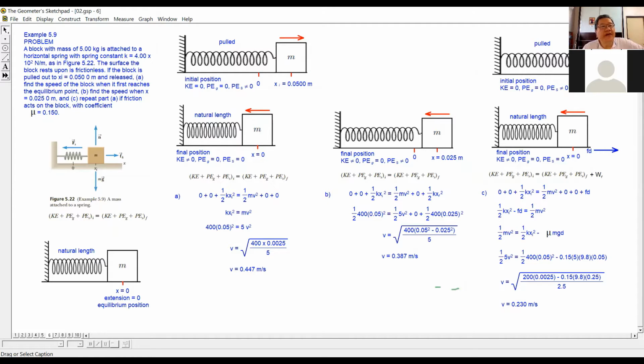No question, then we are going to use the work energy theorem and also conservation of energy to solve problems involving the spring.